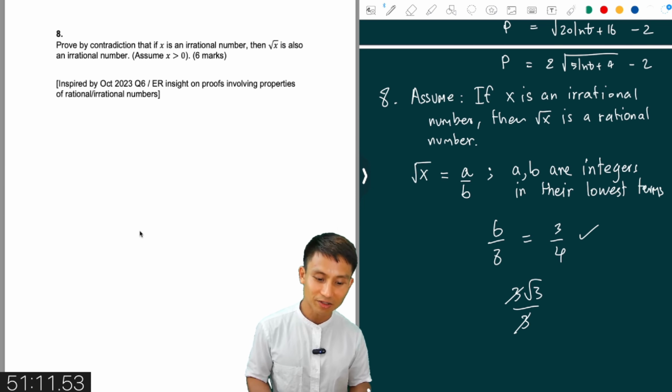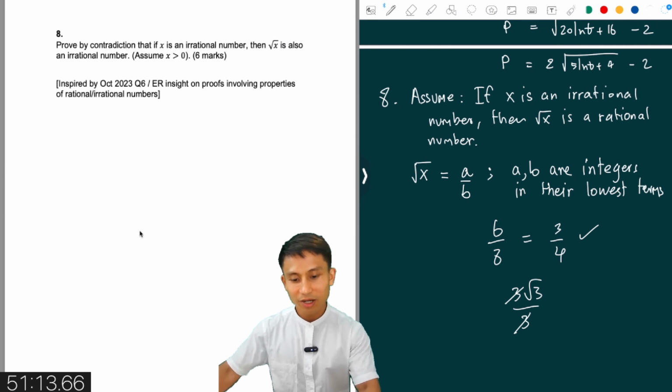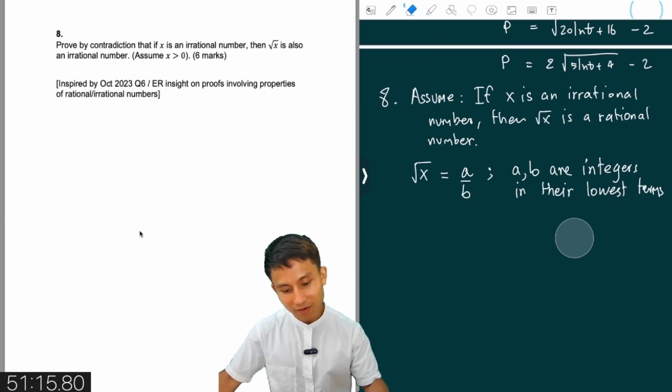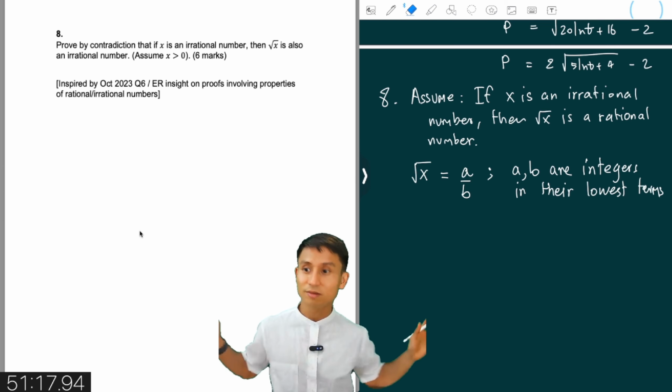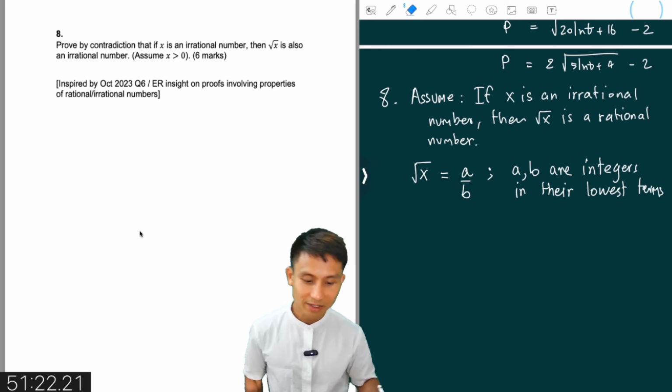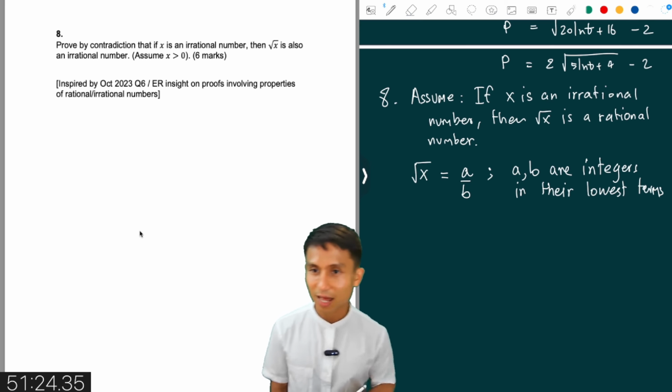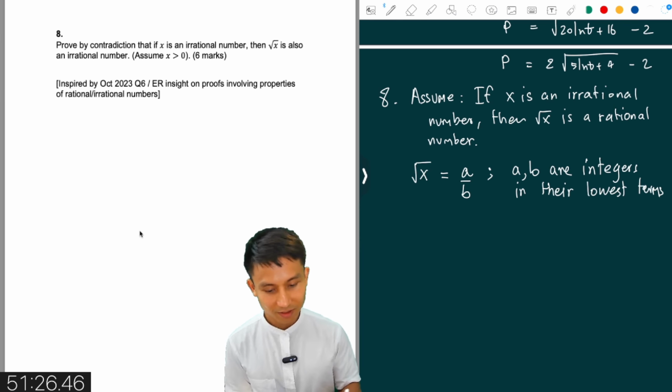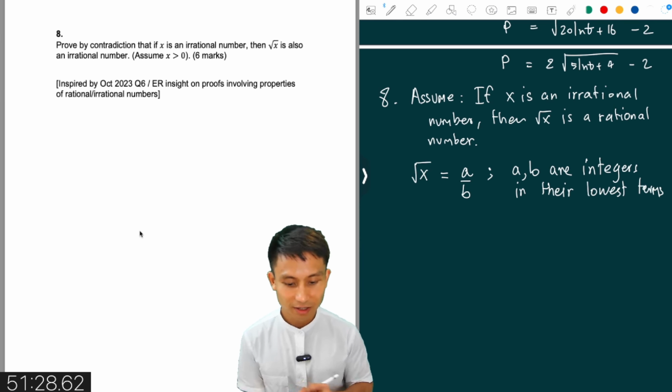So this is irrational instead. But in the definition here, when you have a over b, after you simplified everything, it cannot be simplified again. So we're going to keep that as our root x definition there.